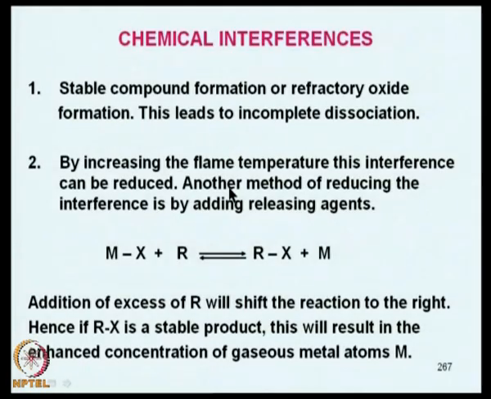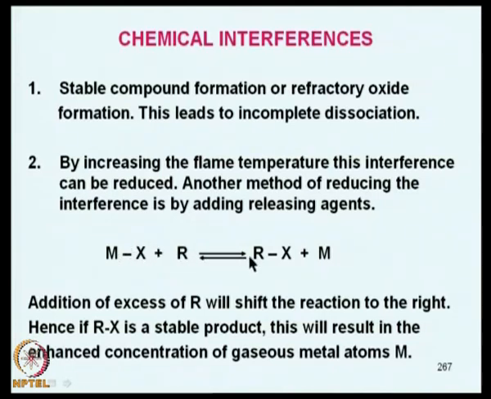Another method of reducing the interference is by adding a releasing agent. I have put it as number 2 in this slide. Now, the reaction you can see MX, that is metal halide or any metal salt you can take, and I am adding a chemical known as R, represented by the symbol R. Now, there will be a chemical reaction in the solution itself.